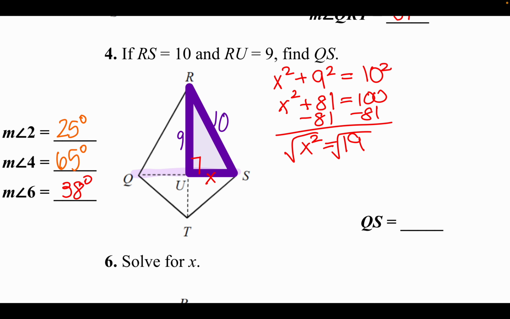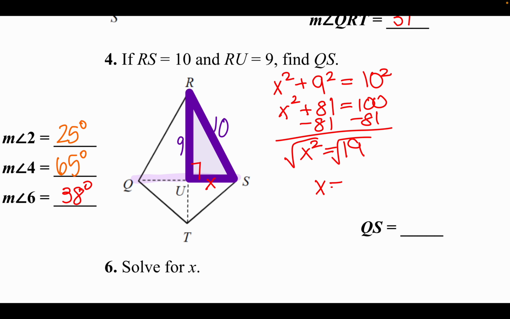Take the square root. So we get x is equal to 4.4. I'm going to round it, 4.4. But we want QS. So we're going to take that measure and times it by 2. So QS is 8.8.